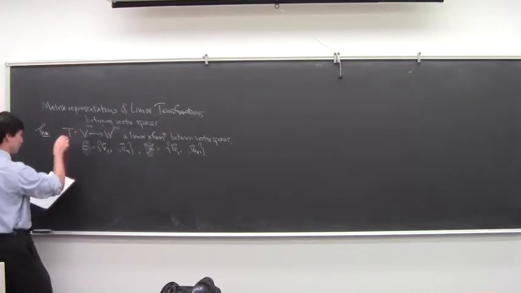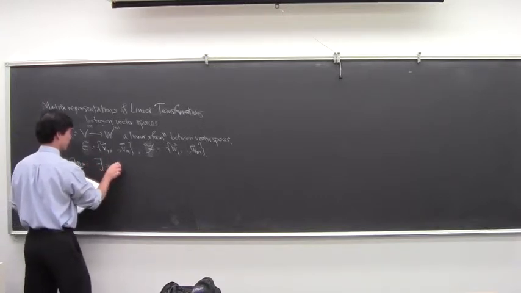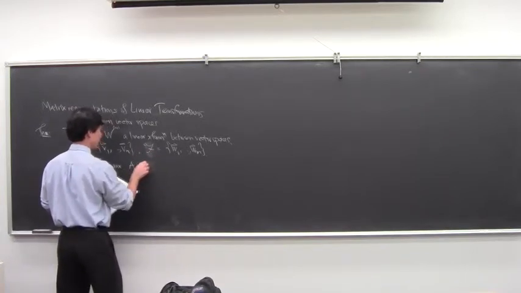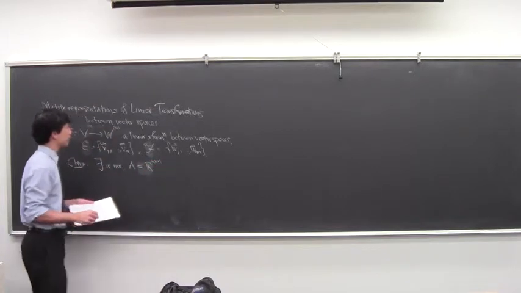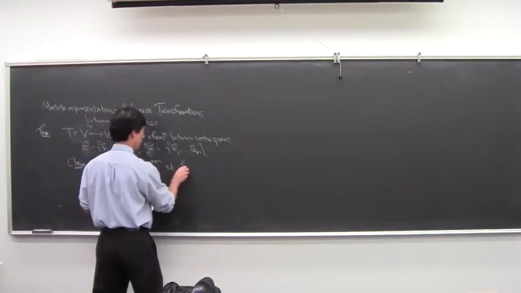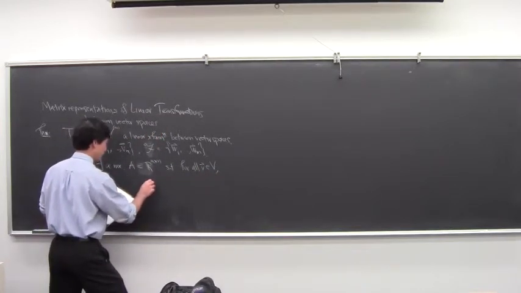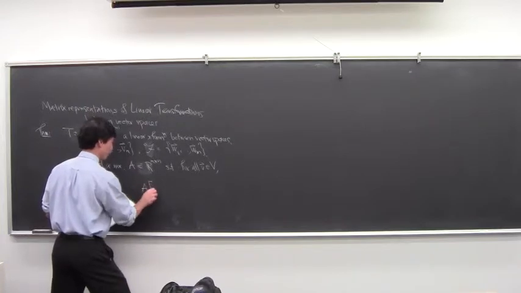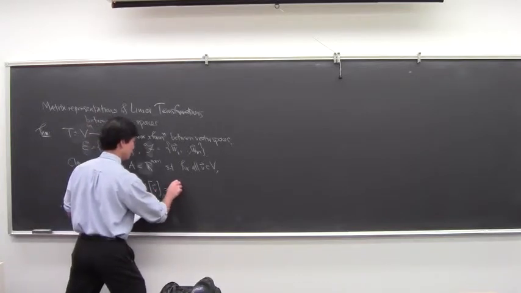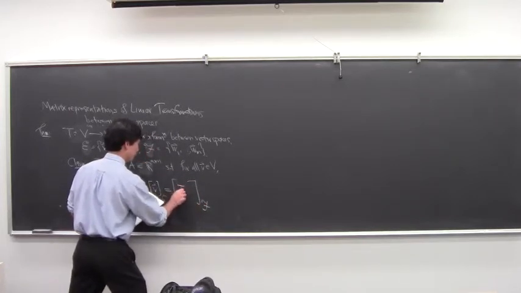So the claim is that there exists a matrix A, an m by n matrix, such that for all v in V, A times the coordinate vector of v with respect to the E basis equals the coordinate vector with respect to the F basis of Tv.